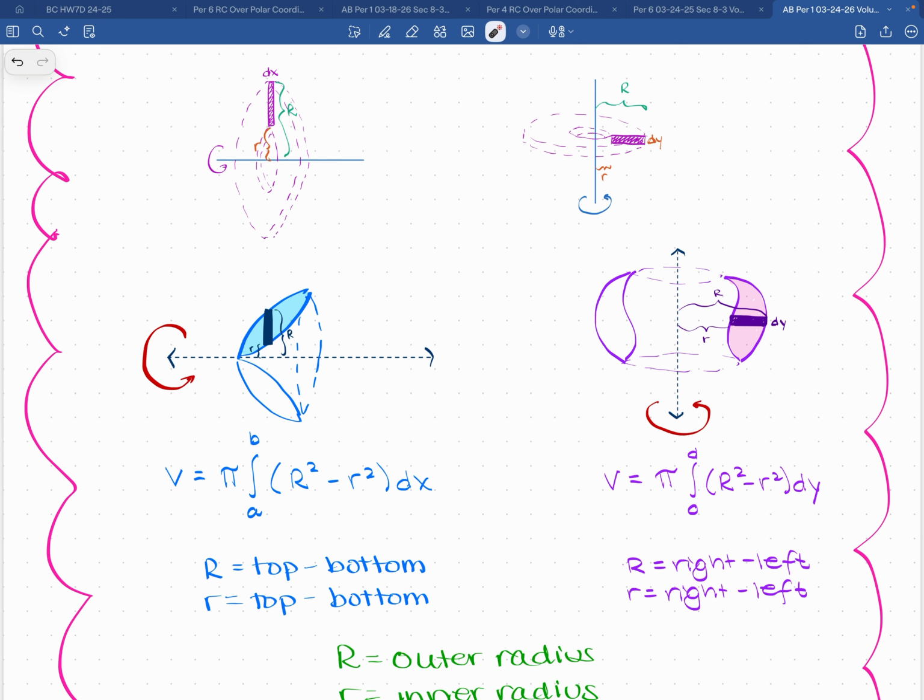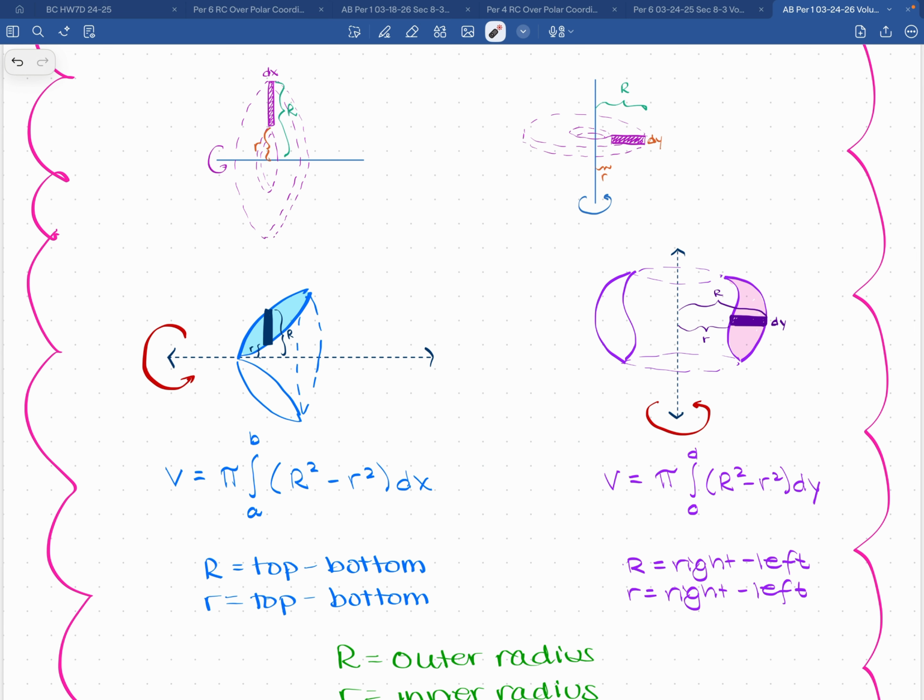And same thing as before, if your representative rectangle is going vertically, then both radii are top minus bottom. And if your rectangle is going horizontally, then both radii are right minus left.